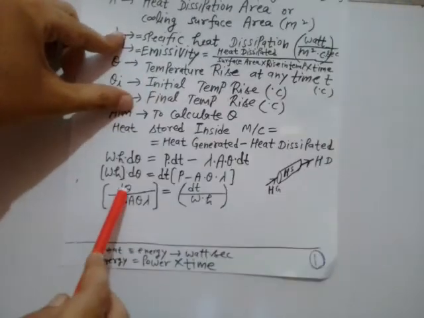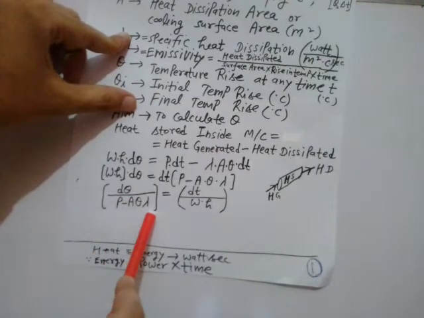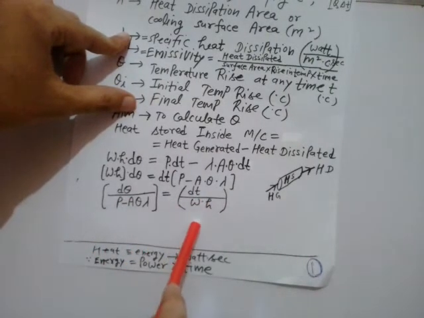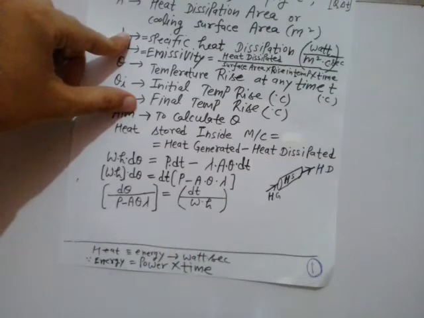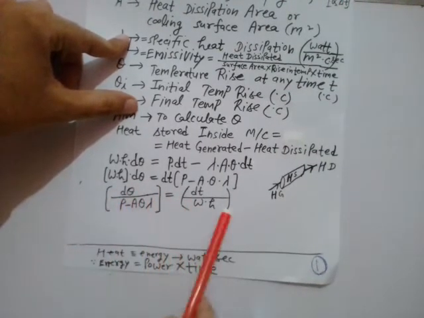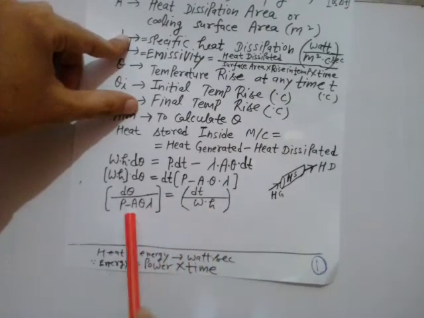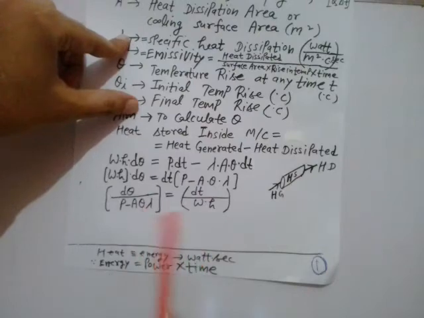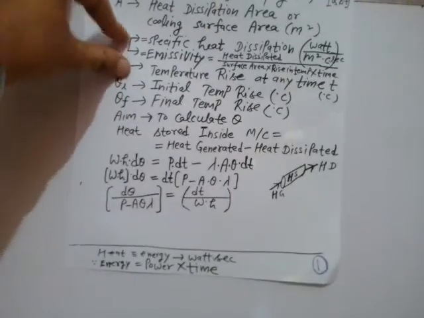This is the equation: d theta by P minus A theta lambda is equal to dt by W into H. We will further manipulate this equation.